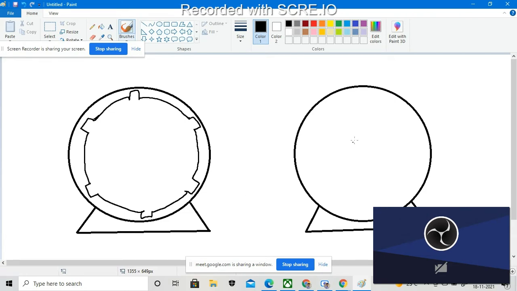Okay. So here also we have to draw like this. So this will be the coils which we will have with us.